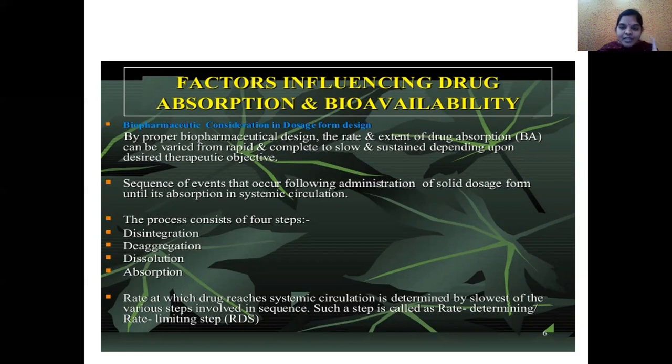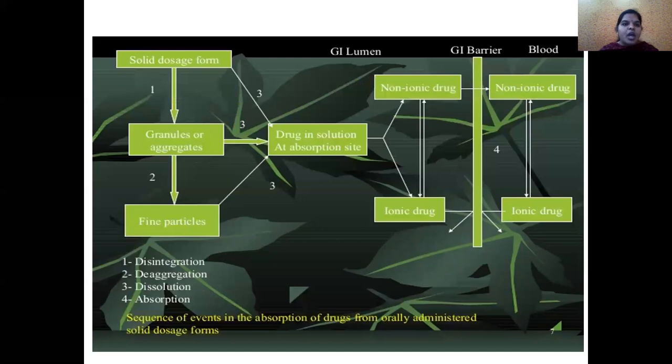That is a rate limiting step or rate determining step. I hope you all understood. If you have any doubts, ask me. You just write your running notes also.